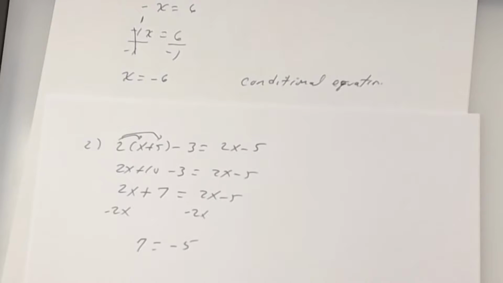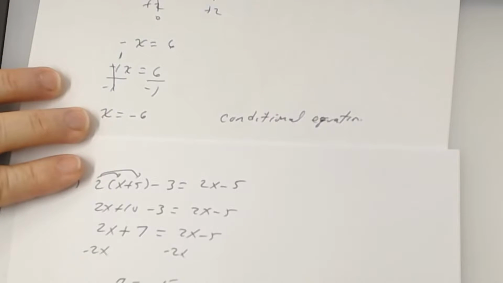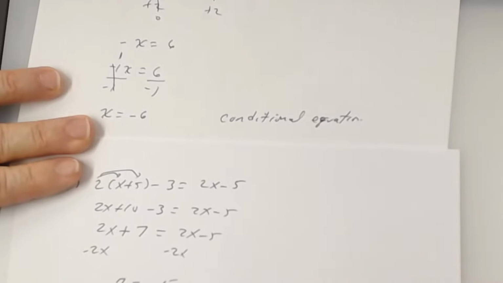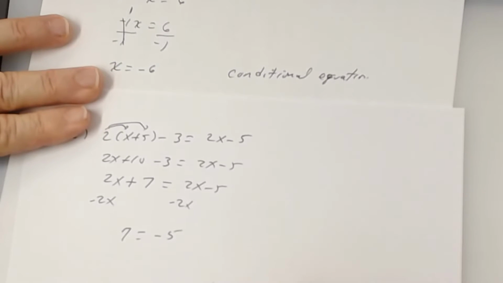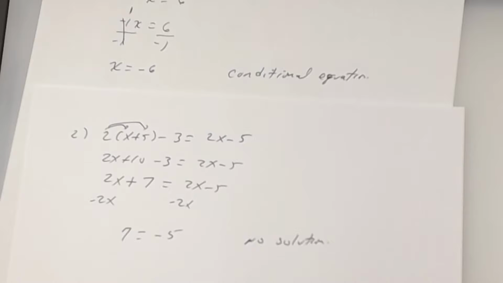What that means is that since I ended up with a false statement, no matter what I plug in for x, it will never work. There are no solutions. No x will work. So in terms of solutions, there is no solution.